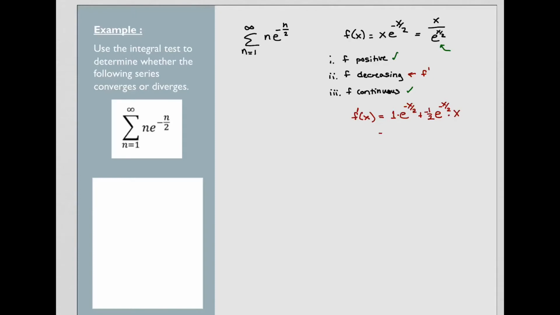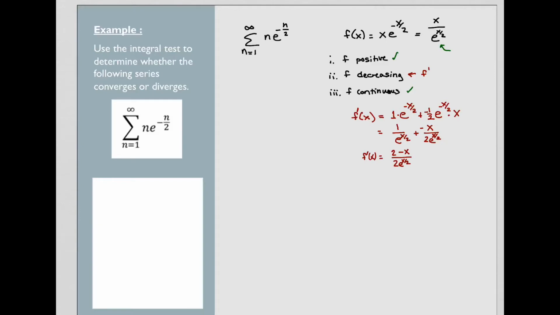Let's put this all together. That gives me 1 over e to the x over 2 plus, and over here I have negative x over 2e to the x over 2. And if I go one more step and put this together, that tells me that the derivative of f is just 2 minus x over 2e to the x over 2.